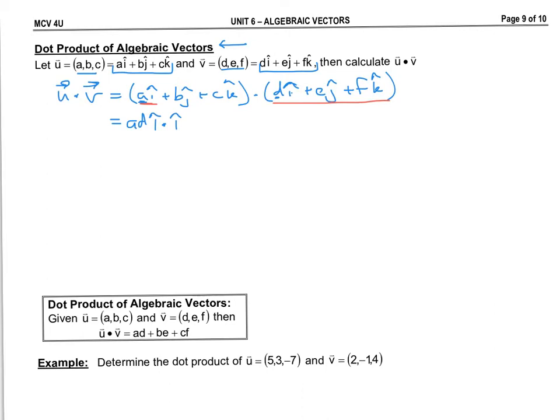So that's a property we have up above on the previous page. And then A is going to multiply the E. So I did this one. Now we're working on this one. And then we have i hat dotting with j hat, and so on. A multiplies the F. We're going to have i hat dotting with k hat, and so on.